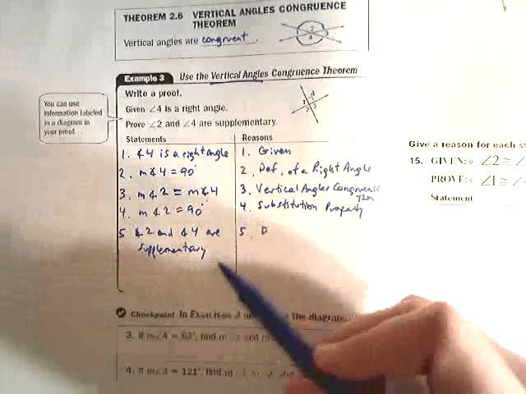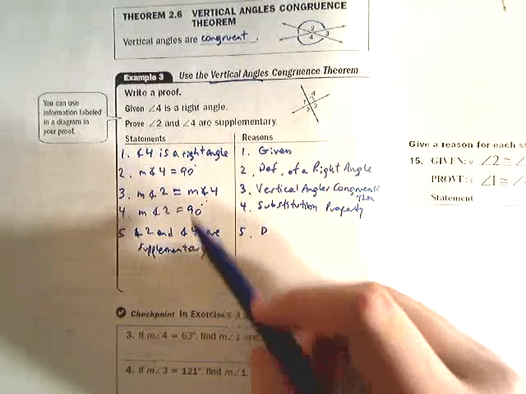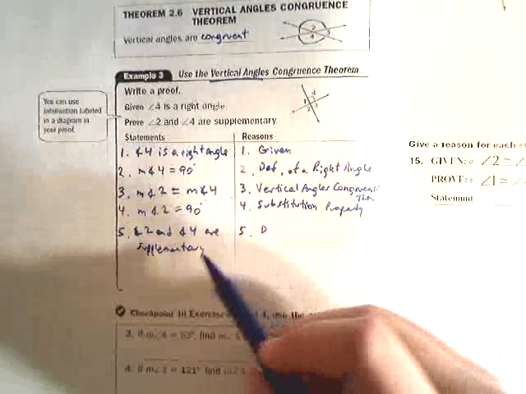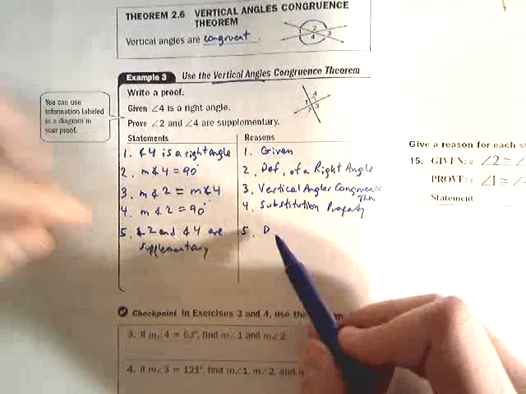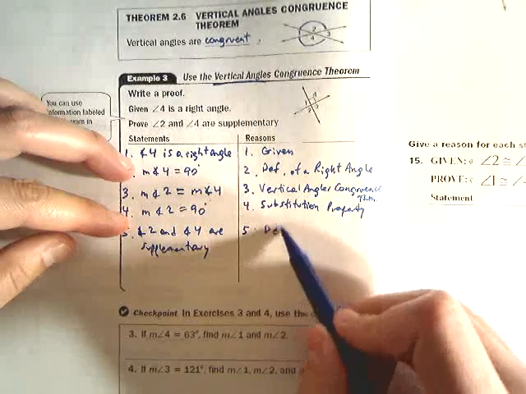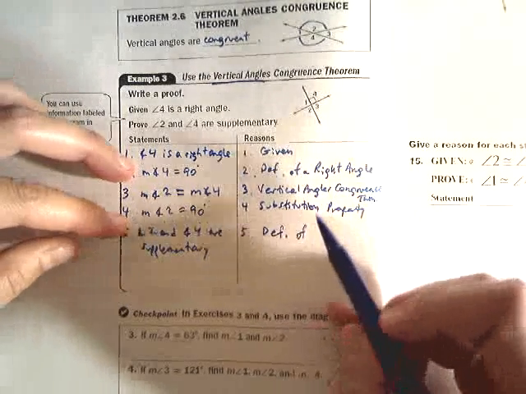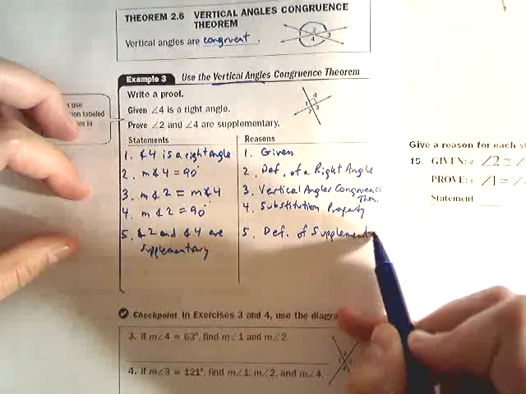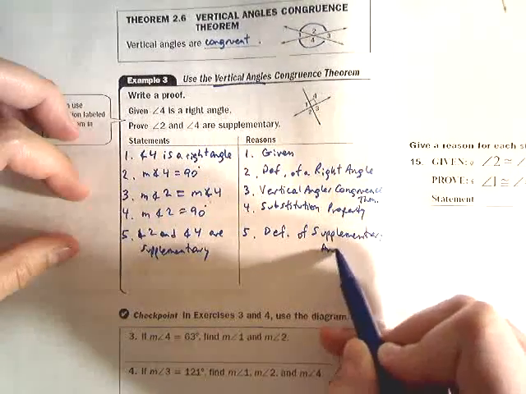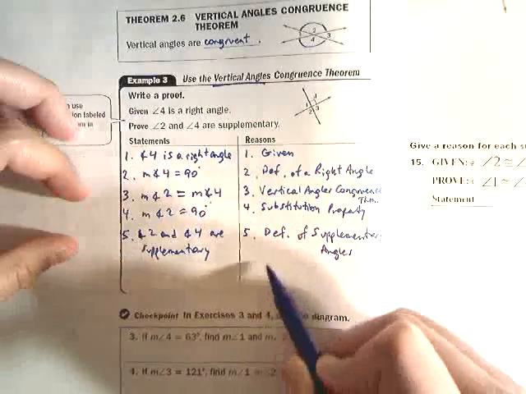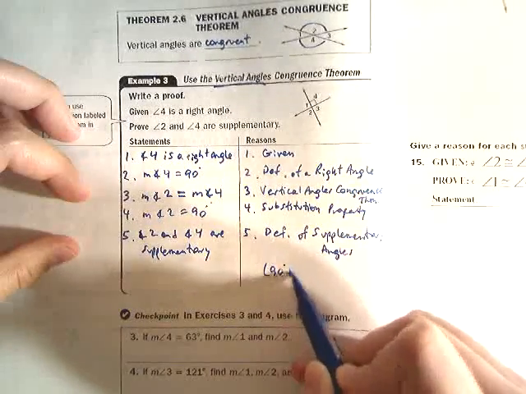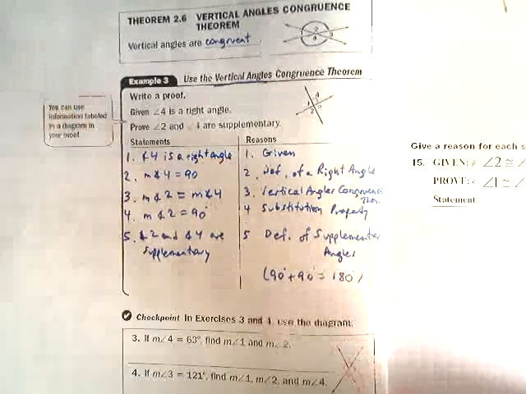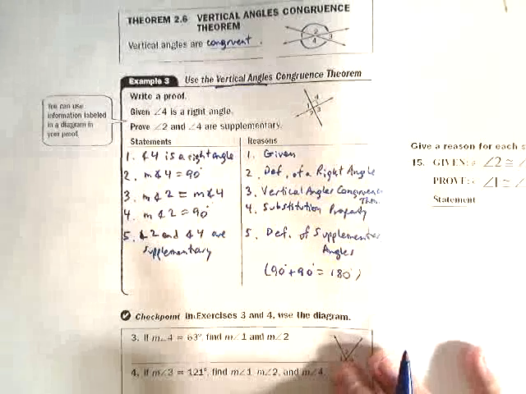It's simply stating something that's true: 90 plus 90 is 180, therefore they are supplementary angles. It comes from the definition of supplementary angles. And there you go. There is my proof.